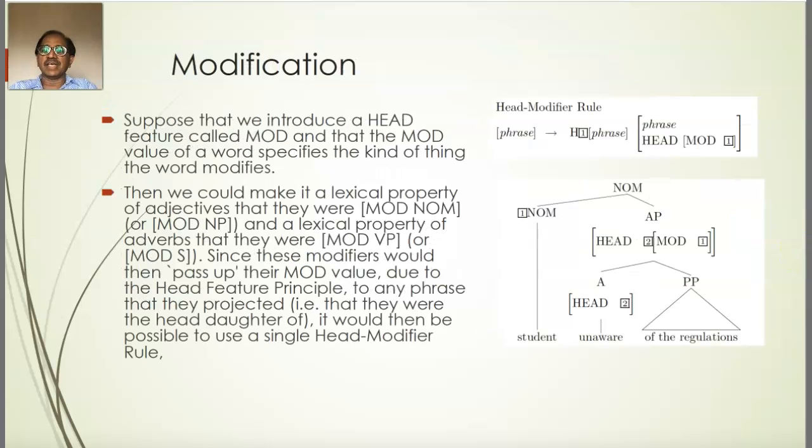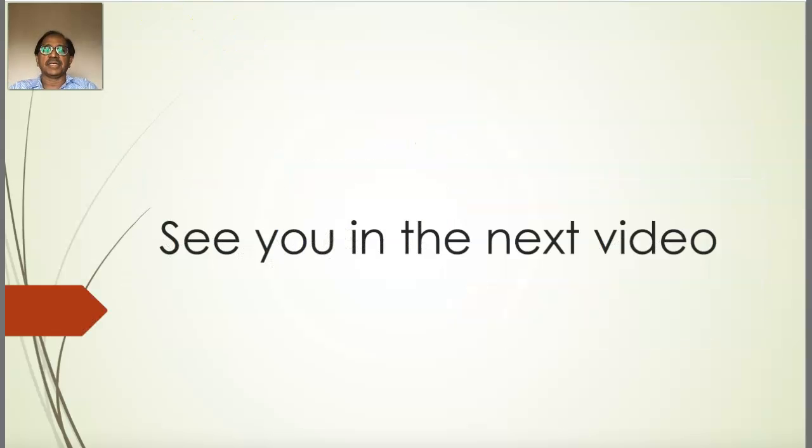And lastly, we have seen the modifier rule, the head modifier rule. We have included a feature, the modifier feature, which we call mod, which actually specifies whether the word modifies a noun or a verb phrase or a sentence. Let's meet in the next video.